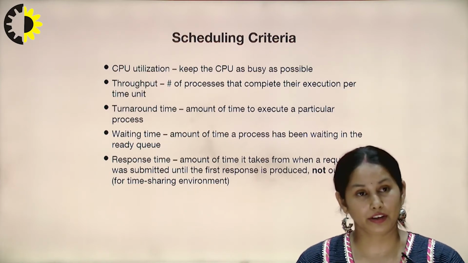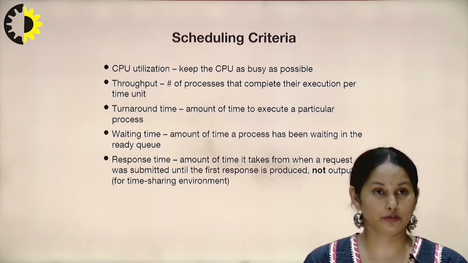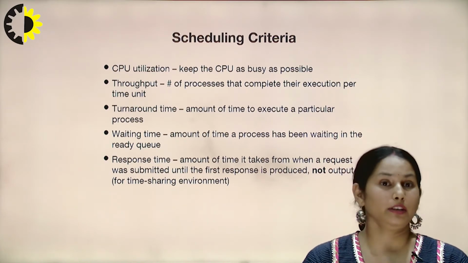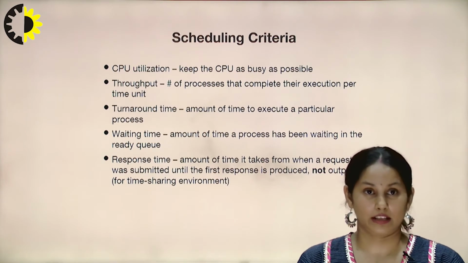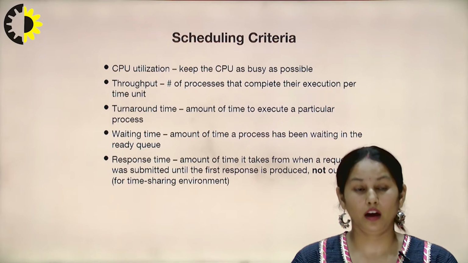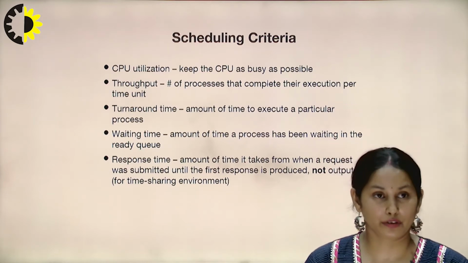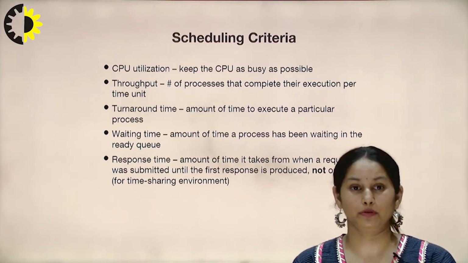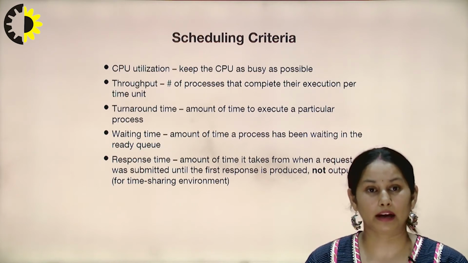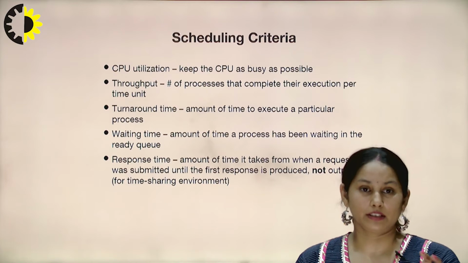The second criteria would be throughput. Now what is throughput? It is the number of processes that complete their execution. We have to see at what instant of time my CPU is executing, and what is the actual time taken by the CPU whenever it is executing the process.